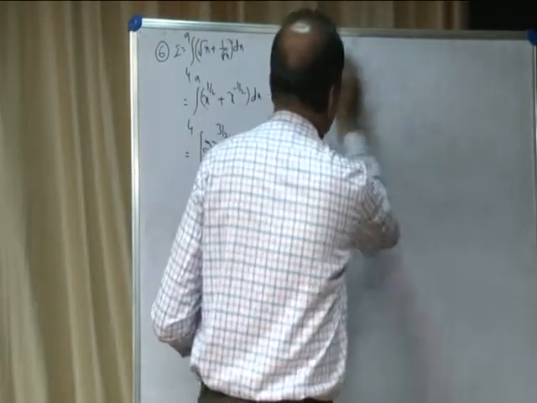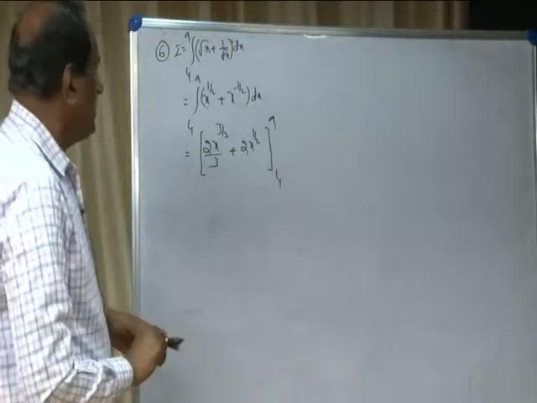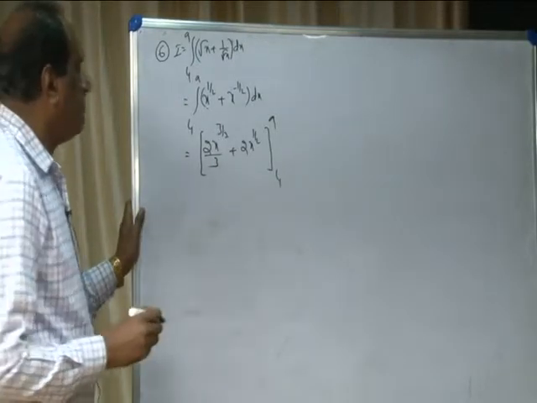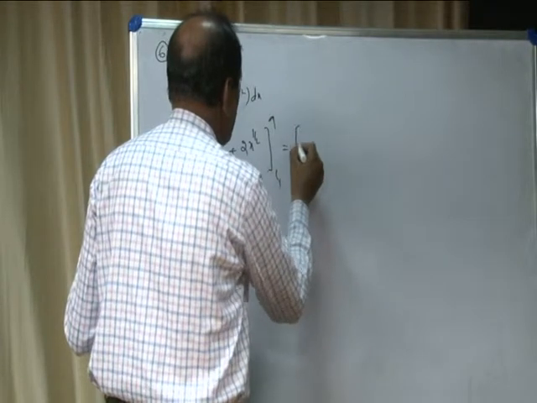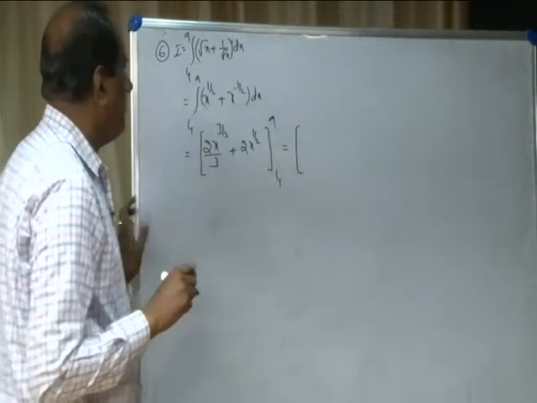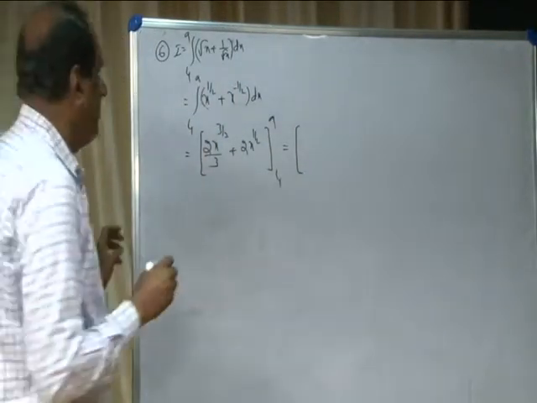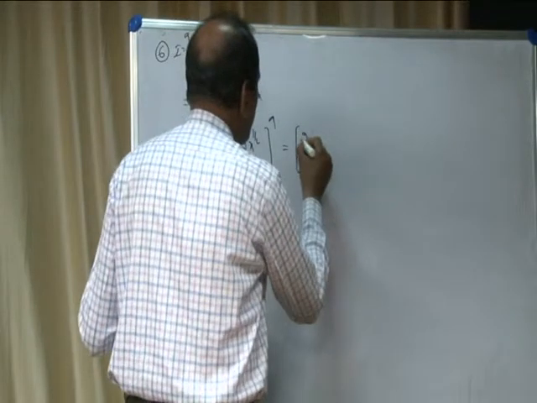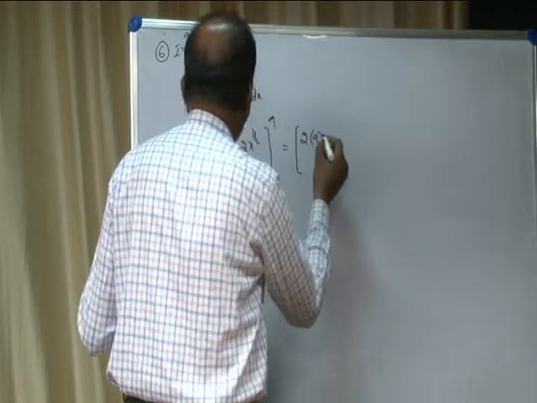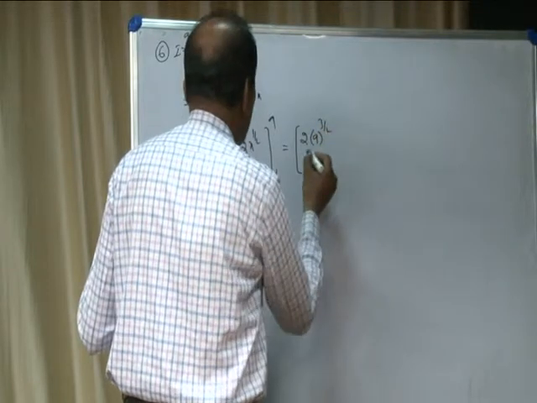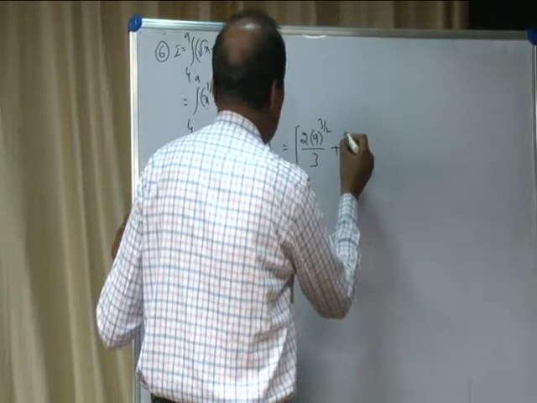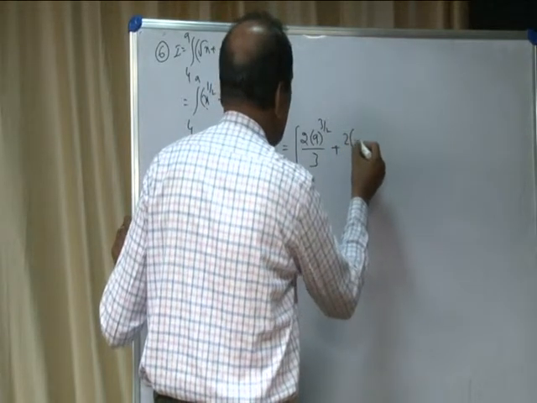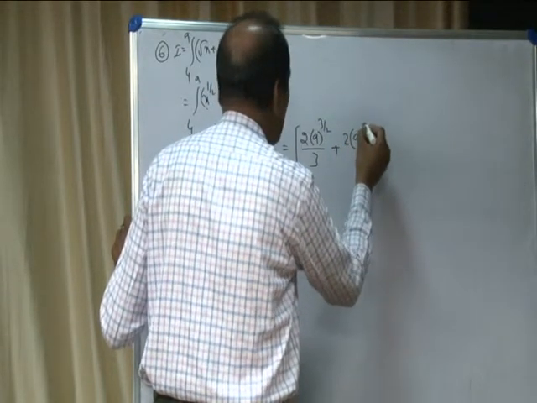Now how to apply the limits? In the first bracket, upper limit is 9: 2 into 9 power 3 by 2 divided by 3, plus 2 into 9 power half.